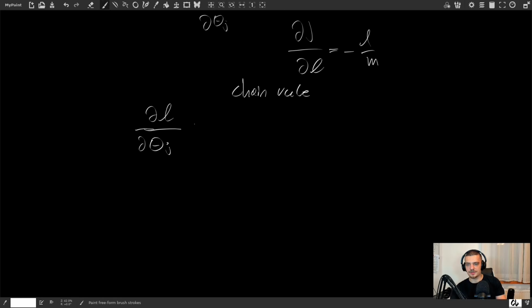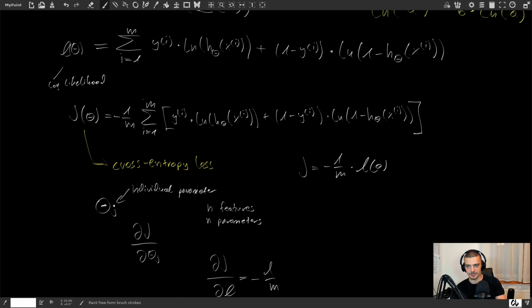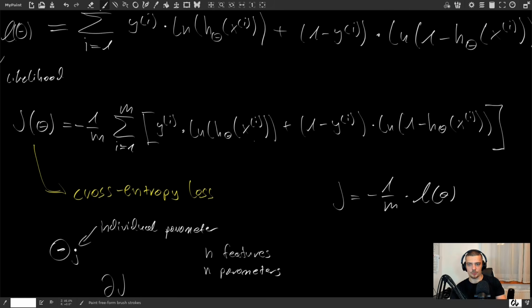So how do we do that? We look at the log likelihood, which is this stuff here on the right, and we're looking at how it changes with respect to the parameters. For this, we need to say, how does h change with respect to the parameters, and how does my log likelihood change with respect to h?